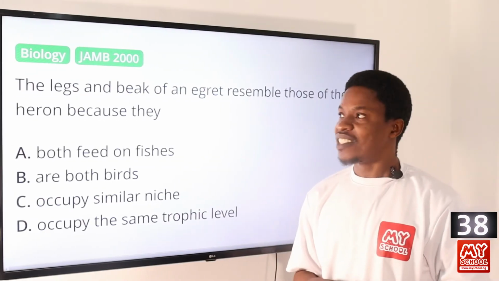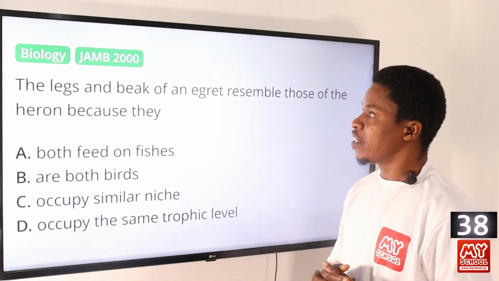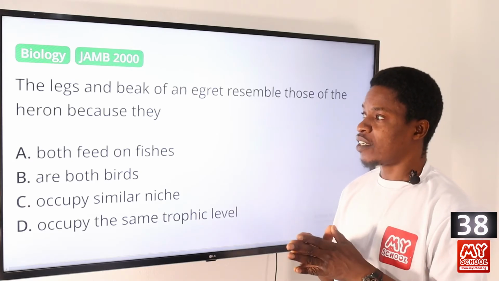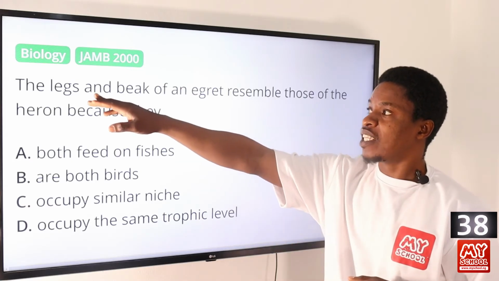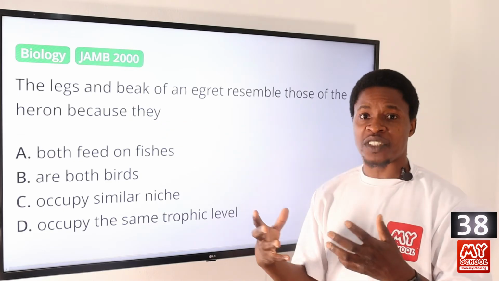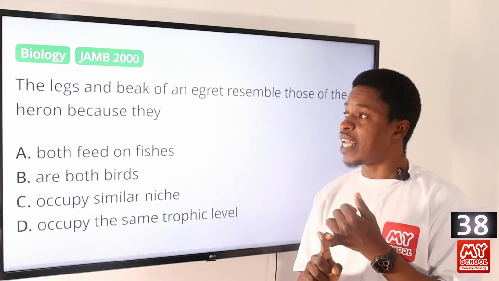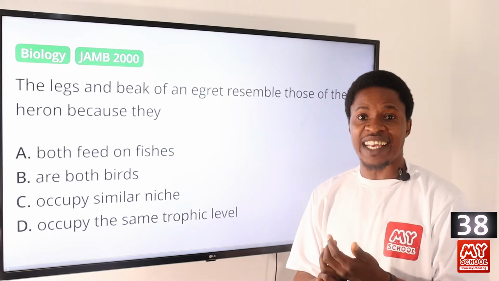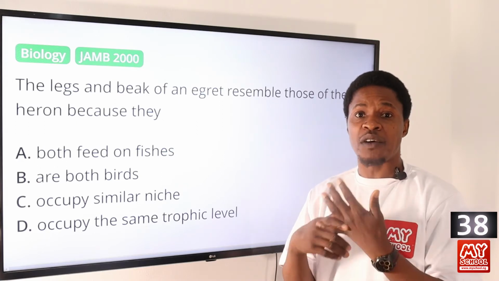Question number 38. The legs and beak of an egret resemble those of the heron because they what? First of all, the legs and the beaks, what are they used for? They are adaptive features that help them in dictating their feeding behaviors, as well as their ecological niche.